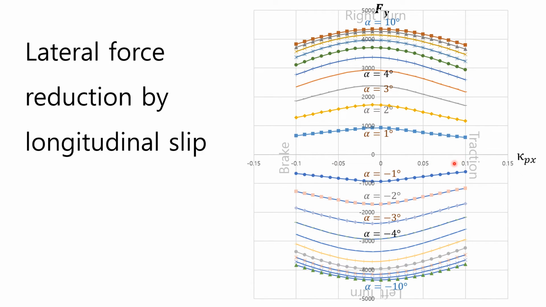As you can see here, the absolute value of lateral force is decreasing as the longitudinal slip kappa px is increasing or decreasing from 0. In this graph, the positive lateral force means right turn and the negative lateral force means left turn, and the longitudinal slip is negative for braking and positive for traction.